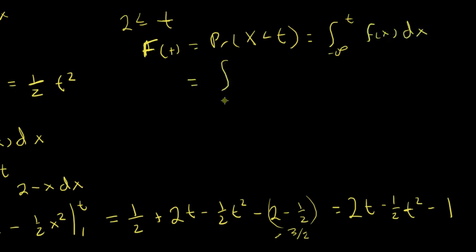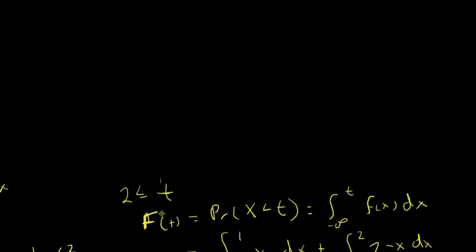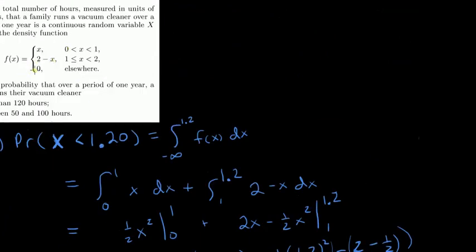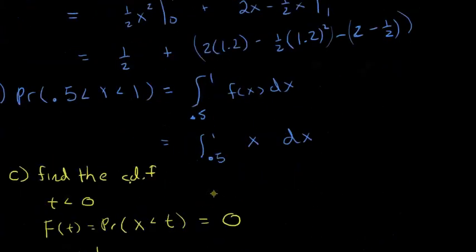So I'd go from -infinity to 0, and that's just 0. Then from 0 to 1, x dx. Then I would be integrating all the way past 2: 1 to 2 of 2 minus x dx. And anything above 2 would also be 0, so from 2 to infinity, the integral of 0, because the function value is 0 outside of 0 to 2. It's 0 elsewhere, including above 2.